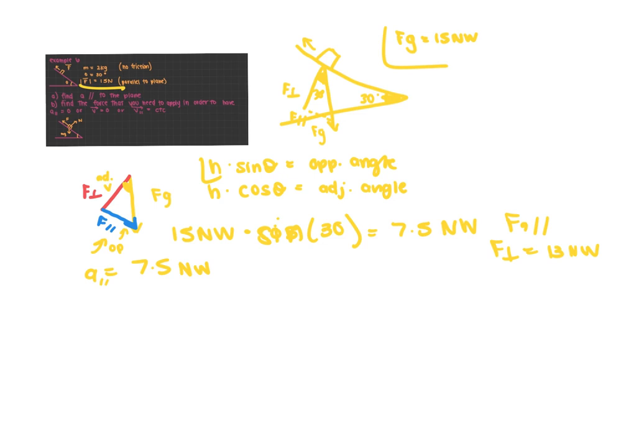Now, for the parallel force of A equaling 0, we basically kind of have to work backwards. So what would be the force that you need to apply in order to have 0? It would basically be this equation, but backwards. So we have sine of 30 still exists, equals 0 newtons.